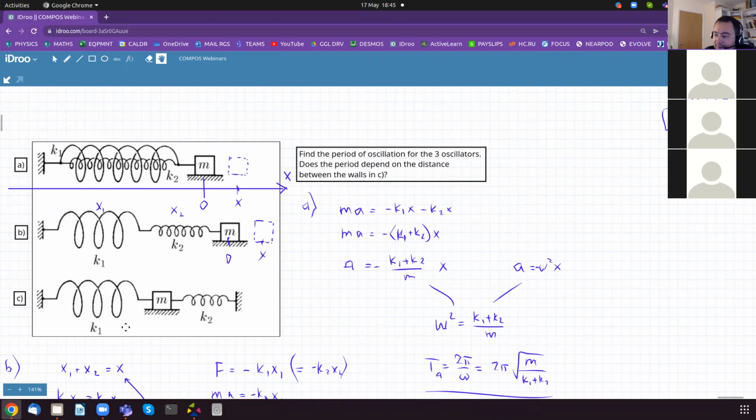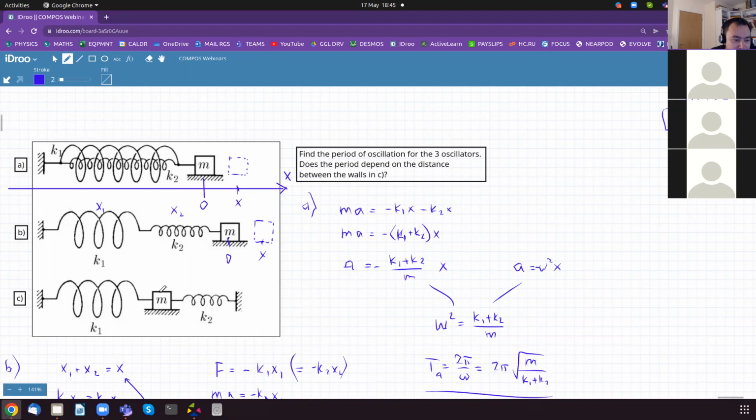It kind of looks neither, but in fact, it's the same thing as parallel springs.